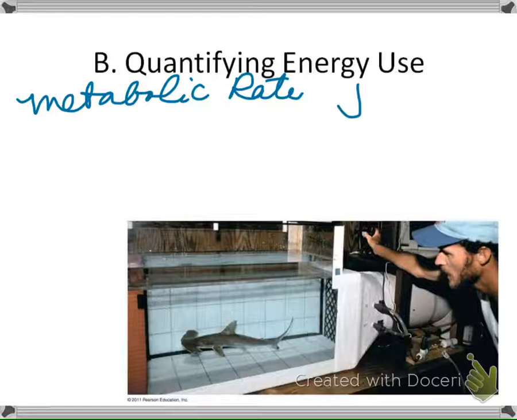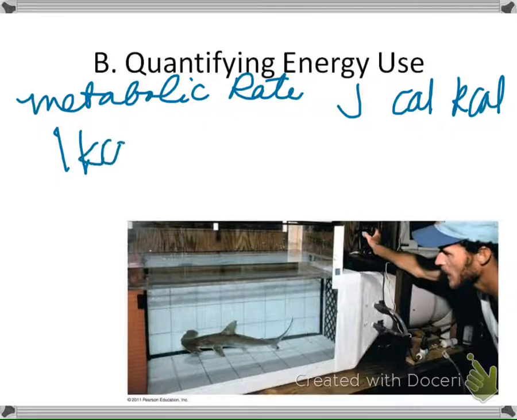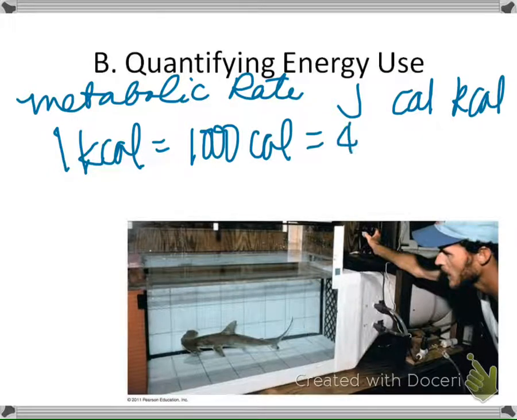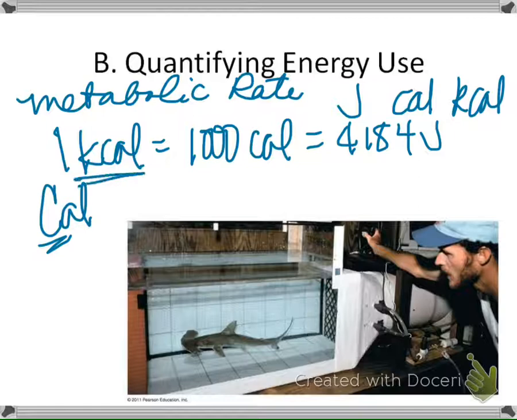It can be measured in joules or calories or kilocalories. 1 kcal is equal to 1,000 calories, which is equal to 4,180 joules. When nutritionists talk about calories, or you're looking at a diet and it's talking about calories, it's the big calories, it's kilocalories.